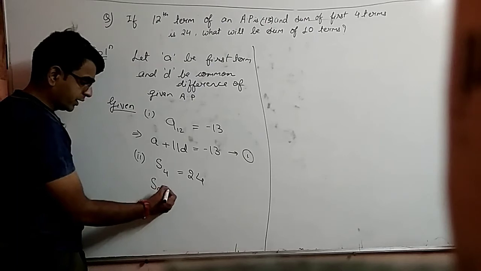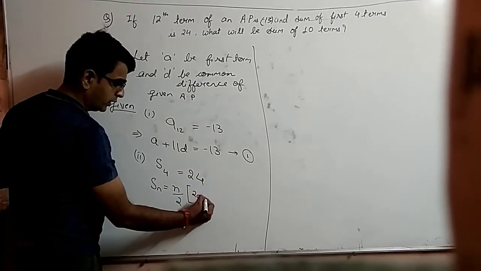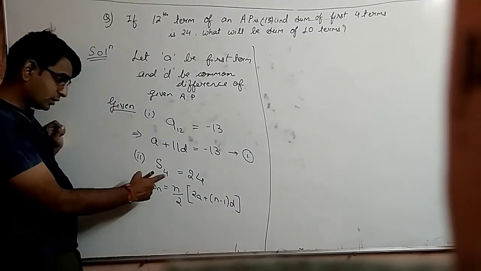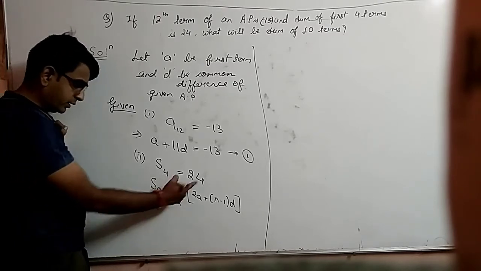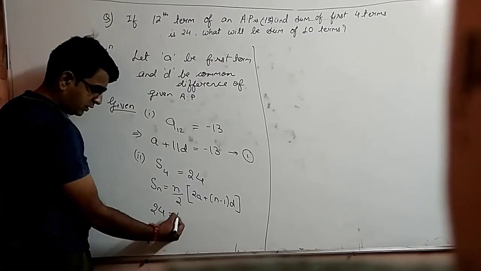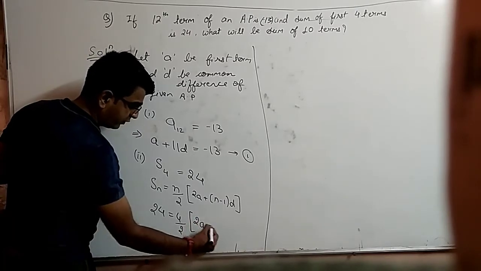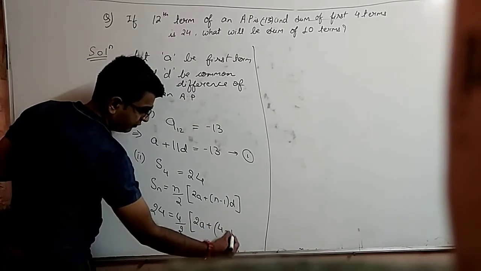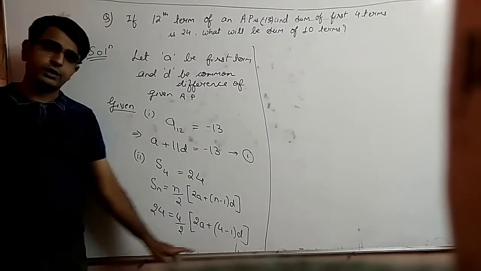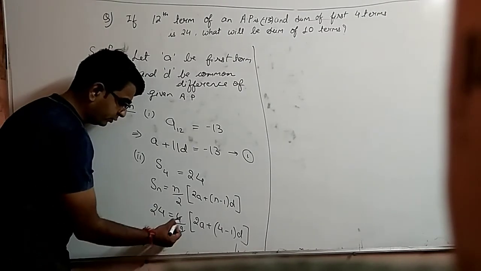S4, we know Sn is equal to n by 2 into 2a plus n minus 1 into d. n is given 4, which is 24. n is 4. We don't have a and we don't have d.